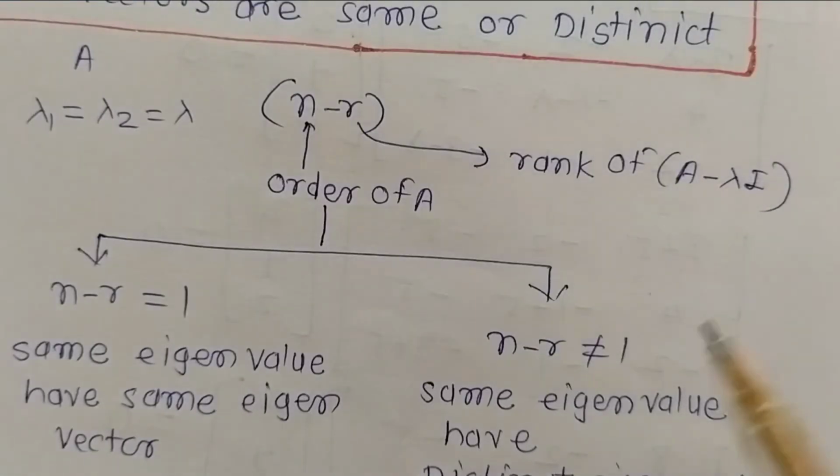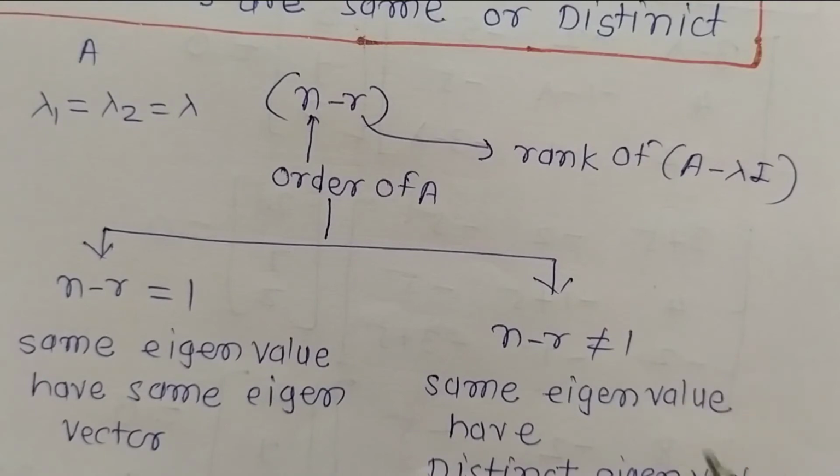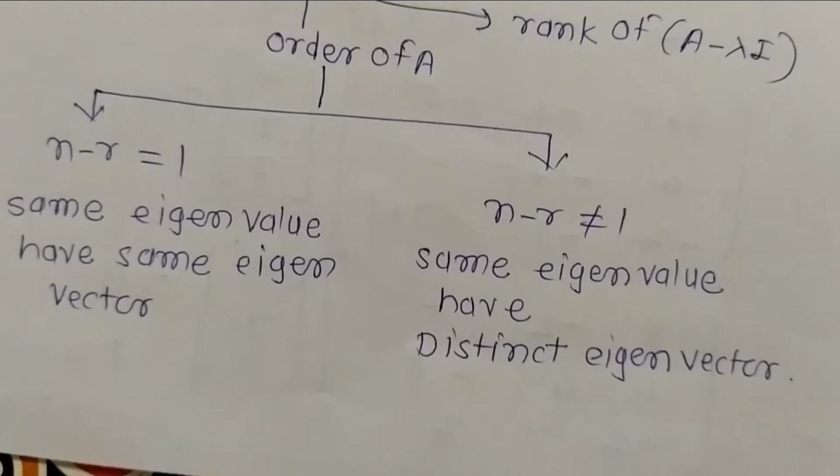And when n minus r is not equal to 1, that is, it is 2, 3, or 0, then the same eigenvalue has different eigenvectors.